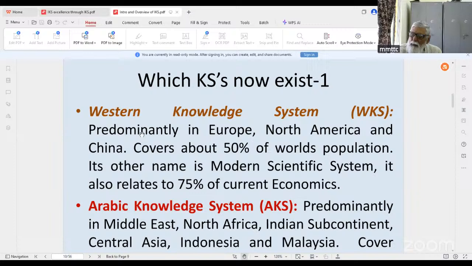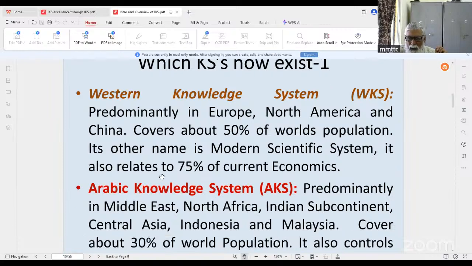So, one of the reasons the Western knowledge system dominates, like what is happening today, is that I am using the internet and all of you are logged on through a server with an internet connection. We are using modems, we are using audio and video transmission, which is predominantly modern scientific, which came from the West. But the most dominant part is that the Western knowledge system has captured the economy. 75% of the global money is related to the Western knowledge system.